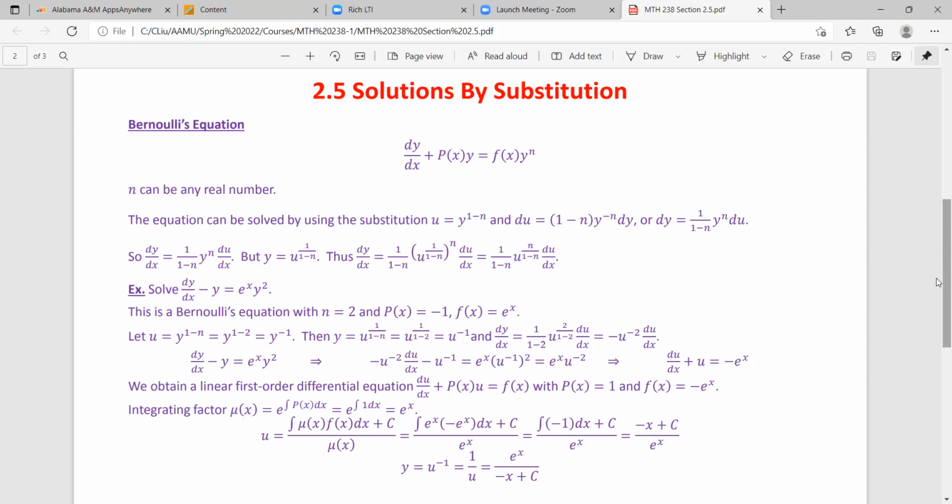So as I said, we're going to use substitution u equal to y to the 1 minus n. So that will be y to the 1 minus 2 because n equals 2, or y to the -1. Okay. So then we just find out what the new equation is in terms of u. So y will be equal to u to the -1.